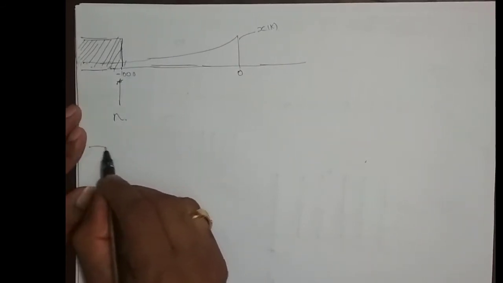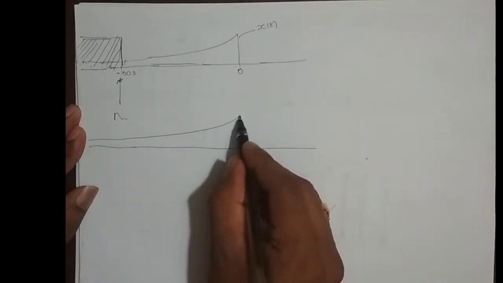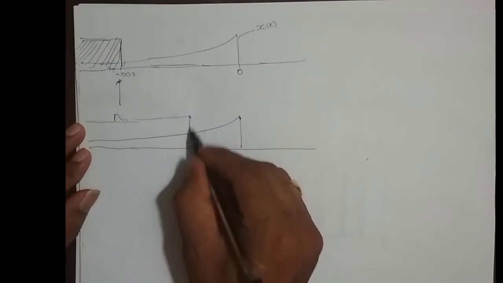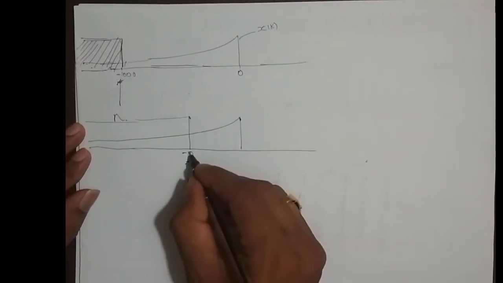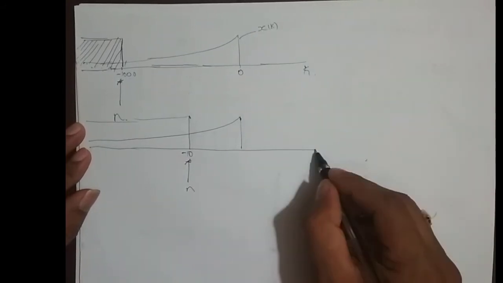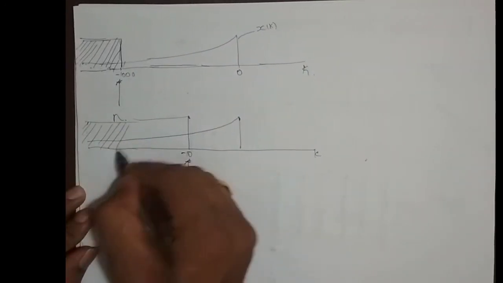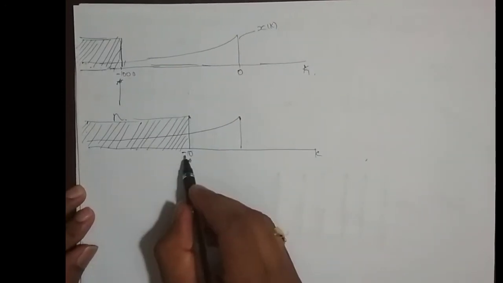Now if I move right further, say if I keep it to minus 10 somewhere here, this is minus 10, this is n, this is k. What is the overlap portion? It started from minus infinity and it stopped at n, and where I kept my n, it is at minus 10.